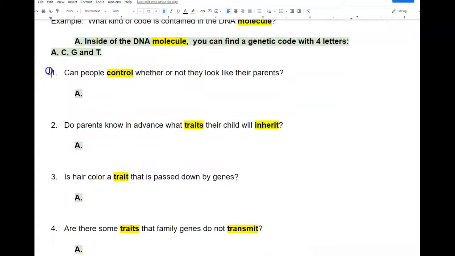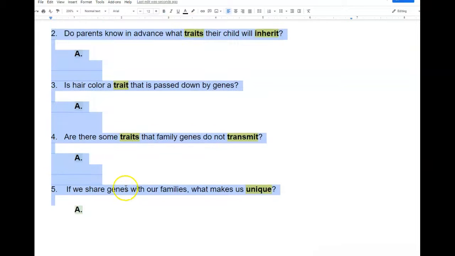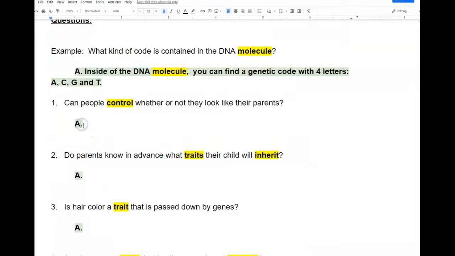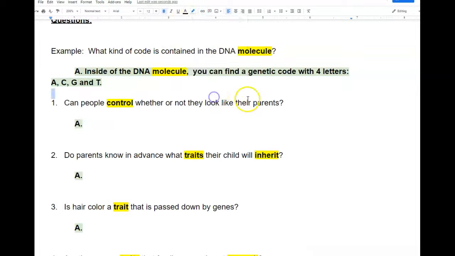So please complete your vocabulary questions here. Make sure that you read the text below to get your answers. Make sure you put your cursor to the right side of letter A when you do your answer, and when you add your key vocabulary, make sure that you're changing the highlighting color to yellow for that word.